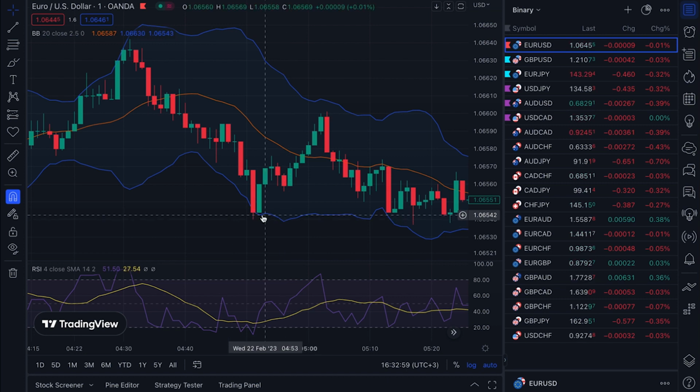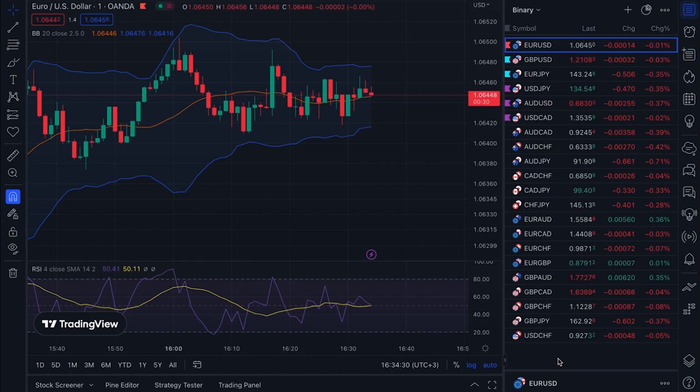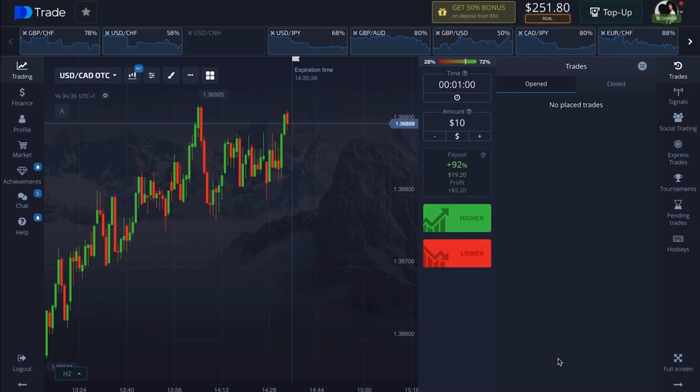Or vice versa, if the RSI is below the level 20 and the price is fixed below the lower boundary of Bollinger Bands, we open a deal for an increase for 1 minute.